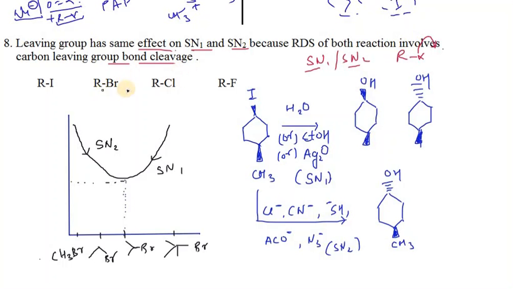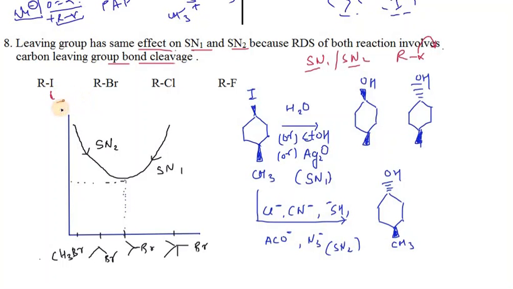So if we have the same alkyl group and different halides, we are talking about the alkyl halide which has a leaving group, whether it is SN1 or SN2. If we talk about leaving group tendency, the more acidic the conjugate acid, the better the leaving group.